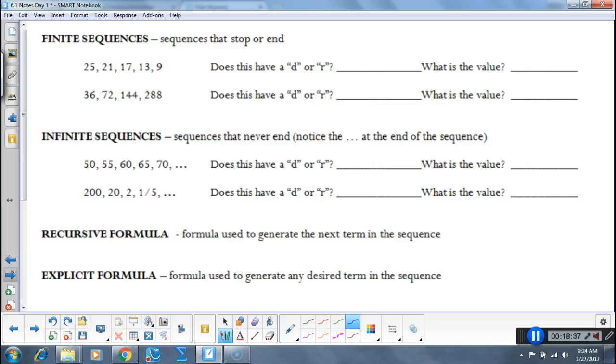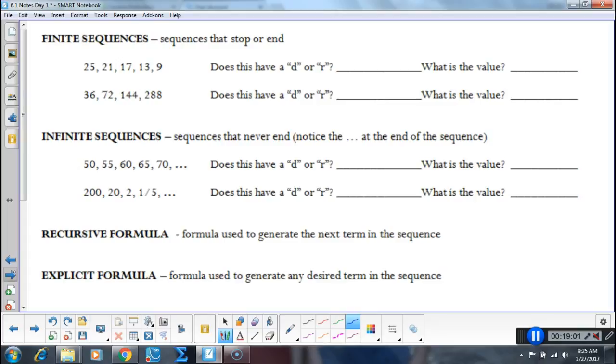Finite sequences. Okay. So there are 2 different kinds of sequences and series. There are 2 different kinds of arithmetic sequences and series, and 2 different kinds of geometric sequences and series. One is called finite. Think of the word finite. It means that there's an end, right?